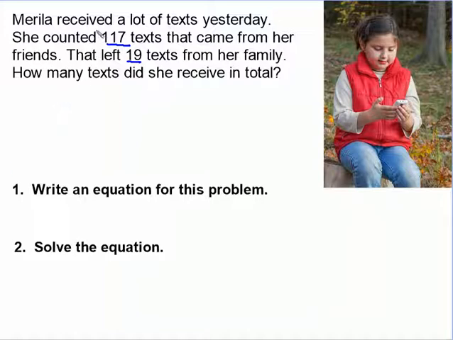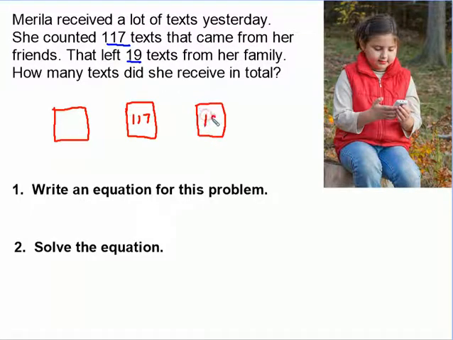We don't know how many texts that she received yesterday, so we're going to draw a big box and just leave it empty. However, we do know that she counted 117 texts that came from her friends, so we're going to put another box here for 117. And that left 19 texts from her family. So she had 19 left over.